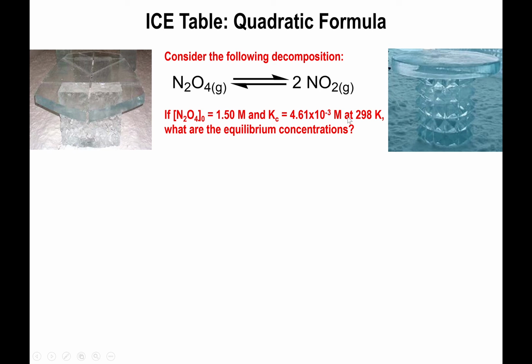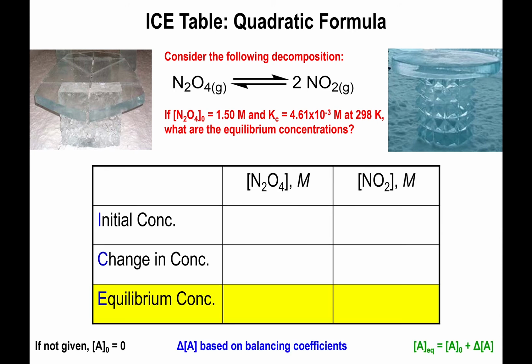So here we don't know the equilibrium concentrations, but we do know the equilibrium constant. So what we have to do first is set up an equilibrium ICE table. So we have the reactant, we have the product, and we have the ICE rows. Initial concentration, we've been told it's 1.50 for N2O4.